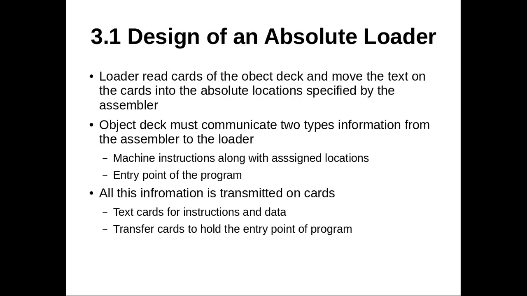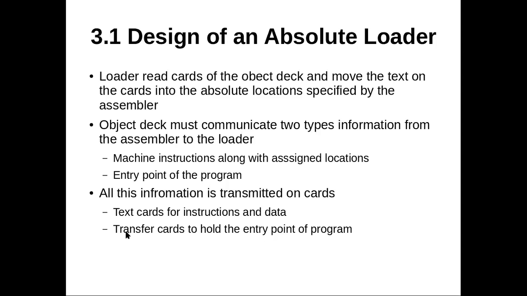Okay, so here the header record will tell the name of your object program and the length of that object program. And we have two more types of cards, that is text card and transfer card.